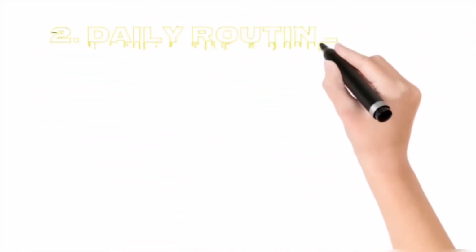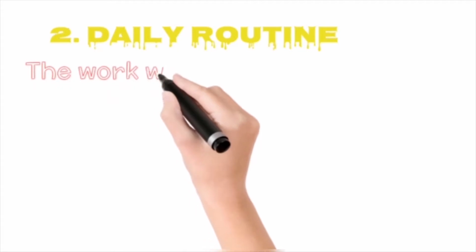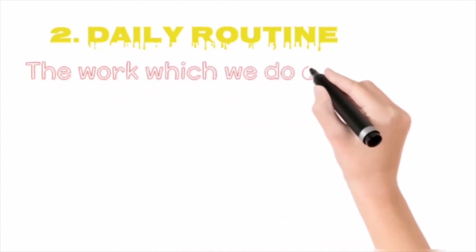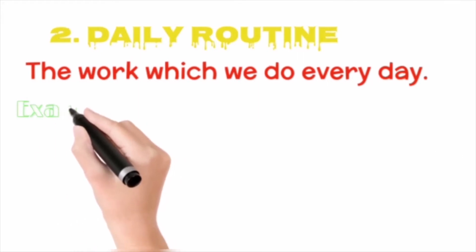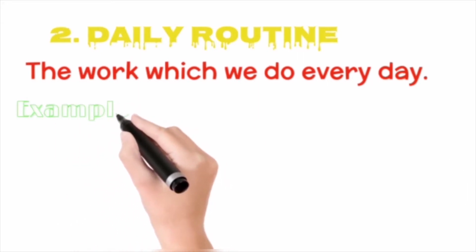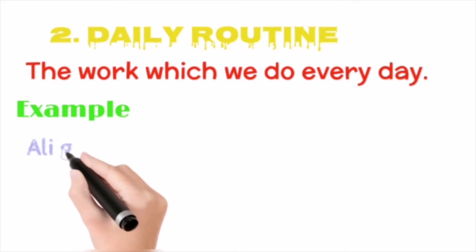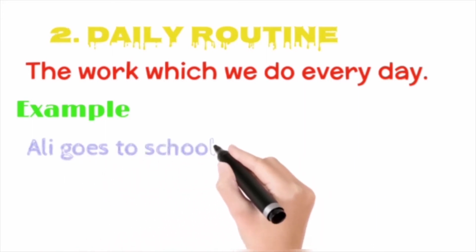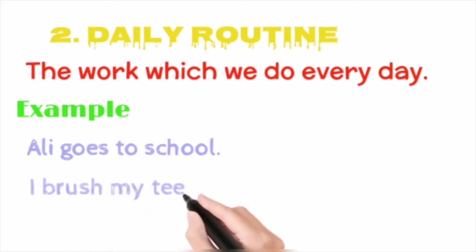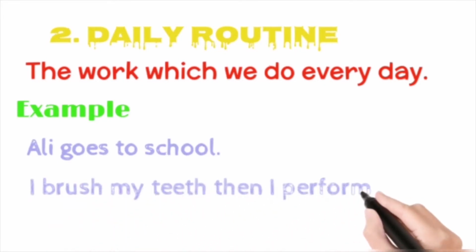Number two, daily routine. The work which we do every day but in a sequence, such that it has continuity. Example: Ali goes to school. I brush my teeth, then I perform prayer.